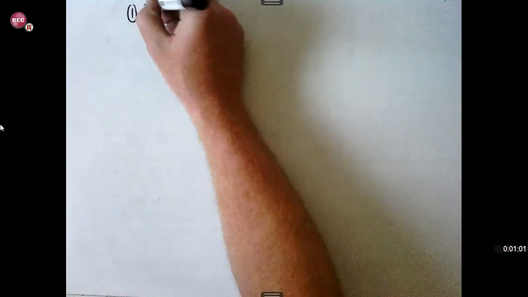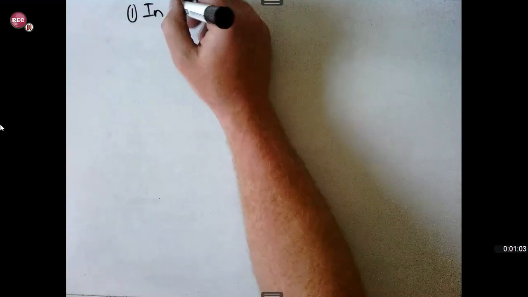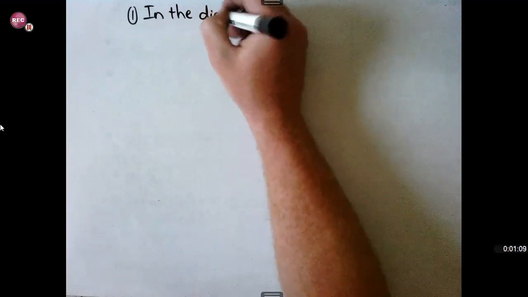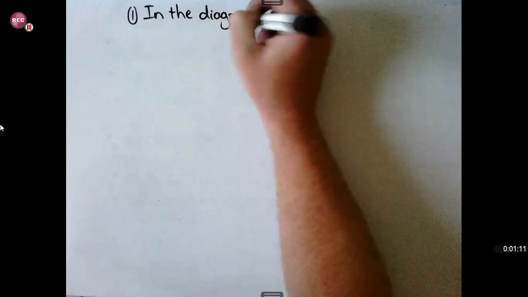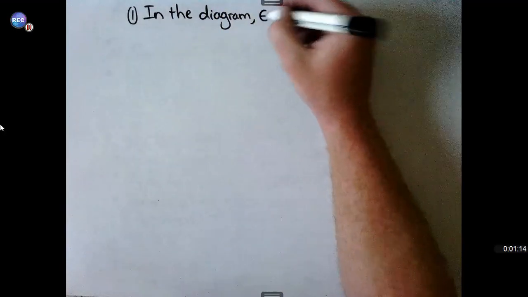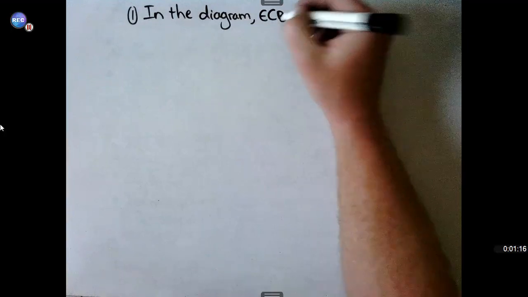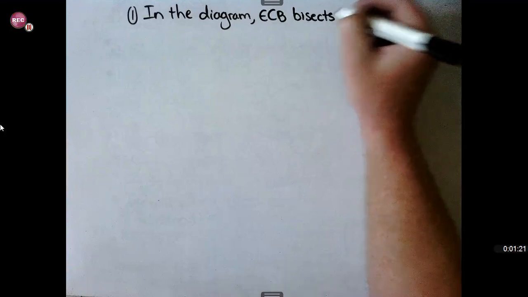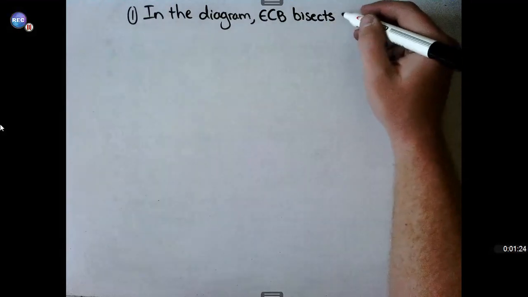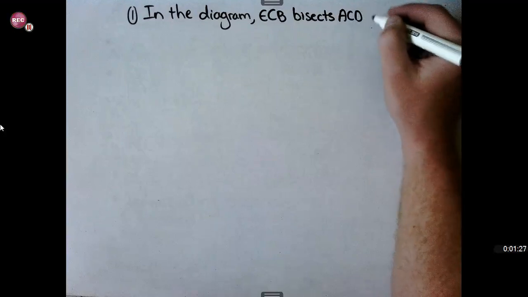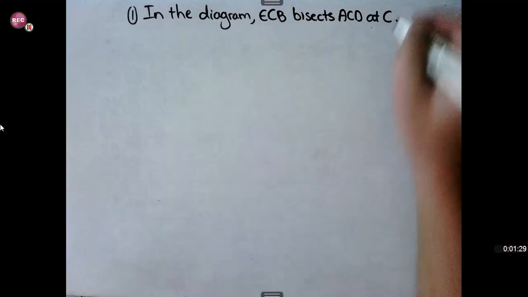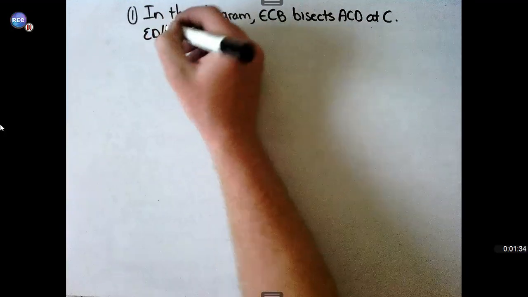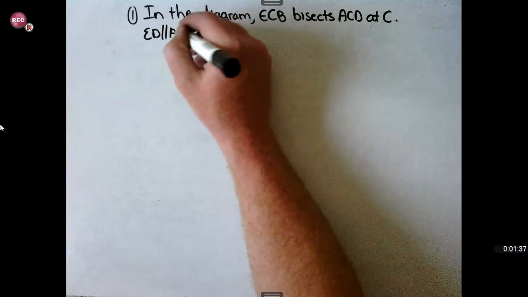So the first question says, in the diagram, ECB bisects ACD at C. Then I also tell you that ED is parallel to AB.